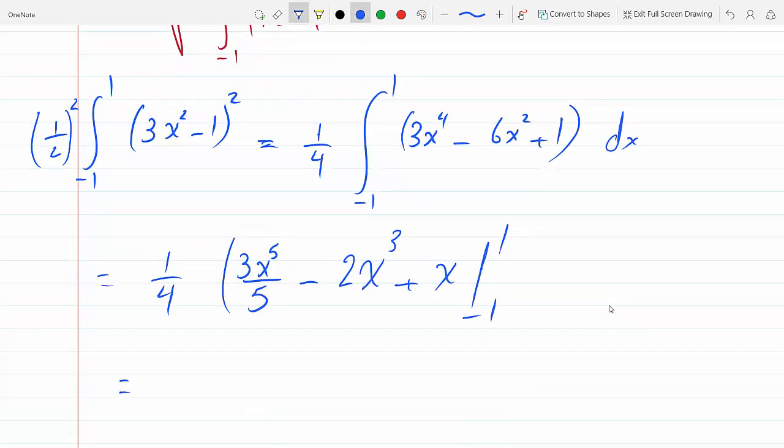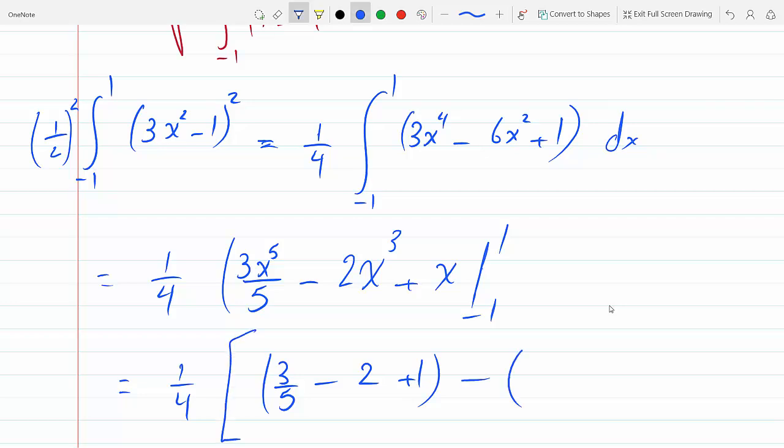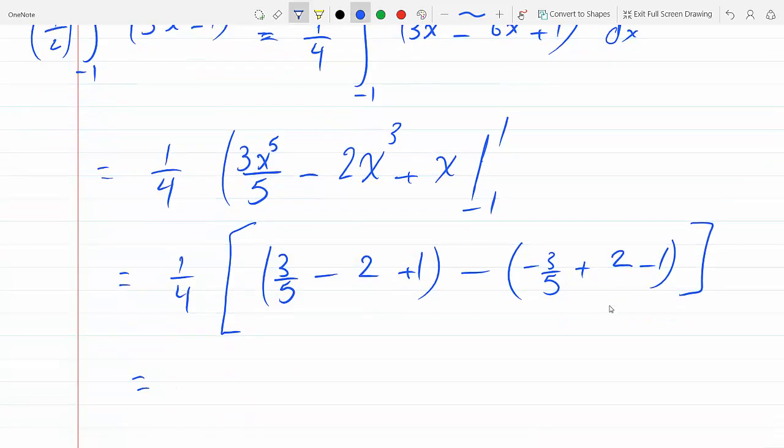And then if we evaluate this, we will get 1/4 times 3/5 minus 2 plus 1, that's for 1, minus the value at minus 1, which gives minus 3/5 plus 2 minus 1. Then if we simplify this, we get 3/5 and 3/5, that's 6/5. Minus 2 and minus 2, that's minus 4. Plus 1 and plus 1 is plus 2.